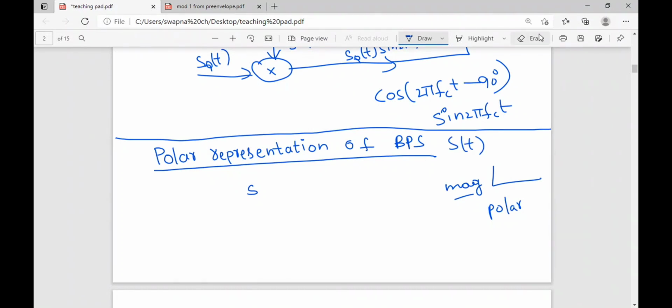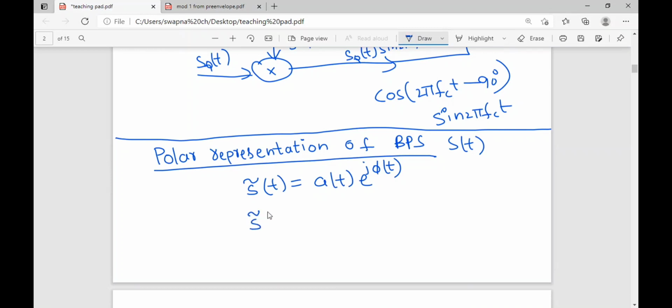So in order to do this, we'll just analyze. You already know S cap of t. S cap of t is nothing but the complex envelope of the bandpass signal, which was given as A of t into e power j phi of t. You can turn your pages back and see, or else note it down now. We already have seen this is said to be the polar representation.